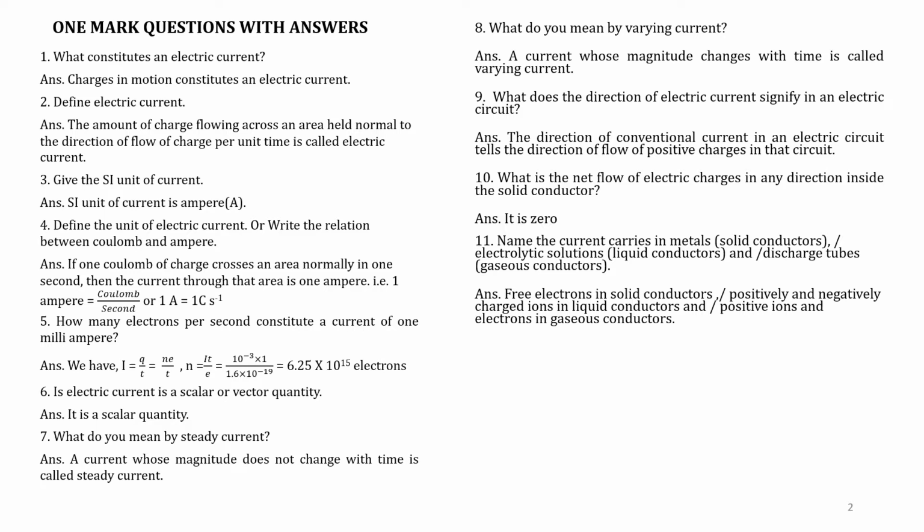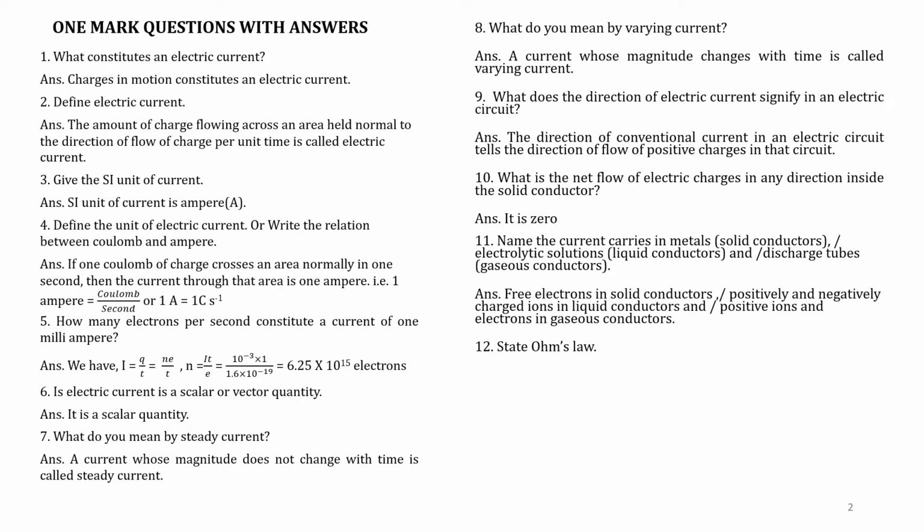Free electrons in solid conductors. In liquid conductors, that is electrolytic solutions, the current carriers are positively and negatively charged ions. And in discharge tubes or gaseous conductors, the current carriers are positive ions and electrons.